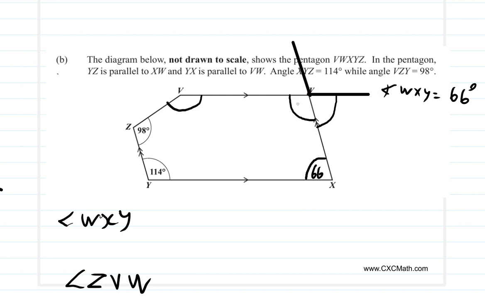So, these are equal, right? So this would be 66 degrees. And then what more do you want to make 180? Because remember, from here all the way is 180 degrees. So 180 minus 66 is going to be 114, just like you see here. It's 114 degrees.